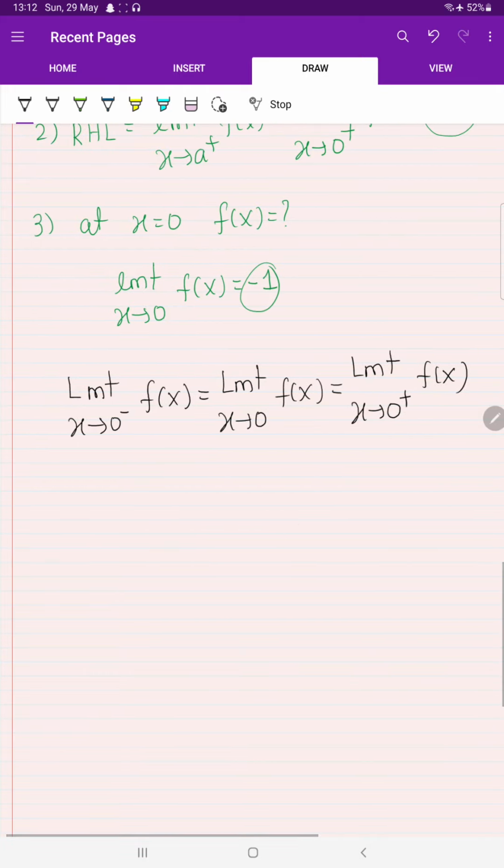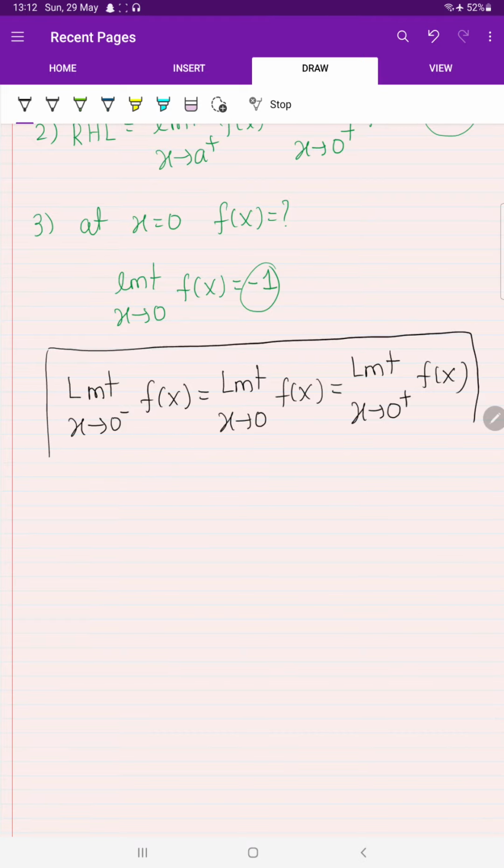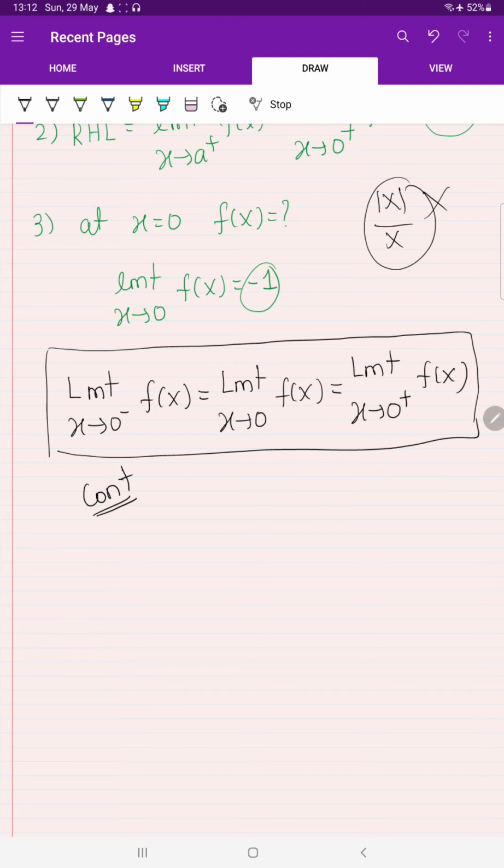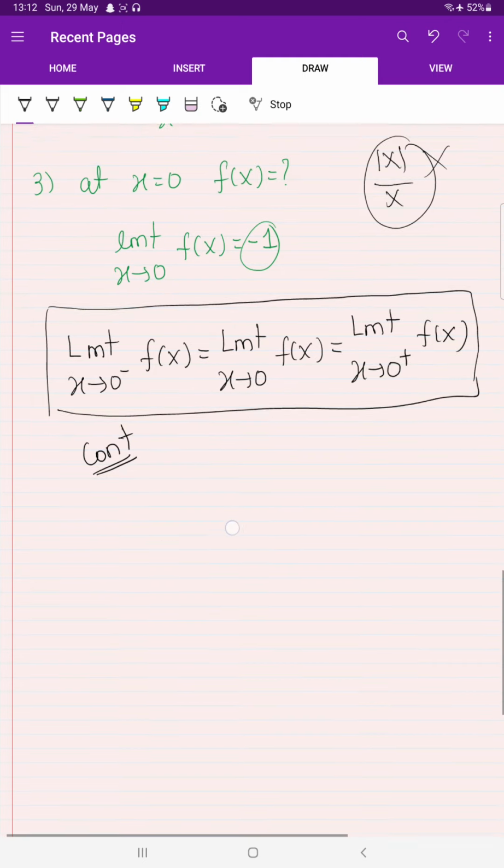So, I told you, whenever these three values become equal, you can directly write down the answer that the given function is continuous. It is always continuous. But in the previous problem, we saw mod x by x, and that does not exist, right? We found that that function is not continuous at the defined point. I hope you all understood.